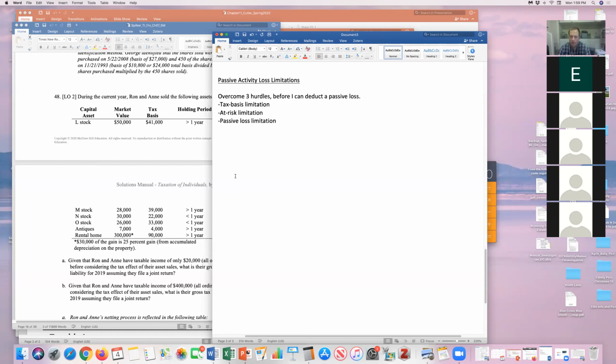For exam purposes, you're going to be told what these numbers are, because it depends on how much that person has invested in the partnership. Sometimes these will both be the same number, but certain types of debt don't count for this number, so it could be a little bit lower.